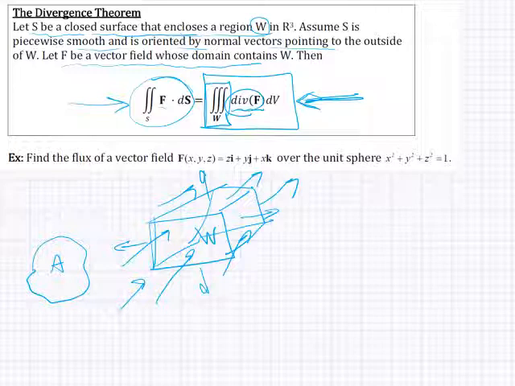So you can see kind of how the relationship between Green's theorem and divergence theorem goes. We're going to calculate what we're looking for in a different way based off of previous knowledge.